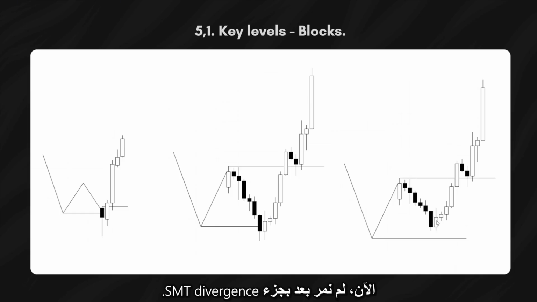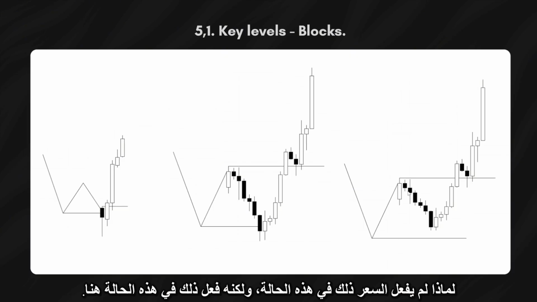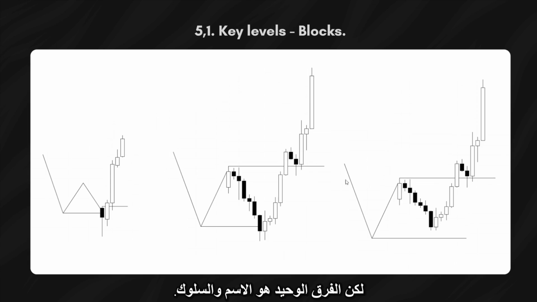Now we haven't yet gone through the SMT divergence part, so you might be a bit confused, but once we go through it, then you'll understand why we had this move, why price didn't punch this low in this case, but it did in this case right here. The only difference is the name and the behavior.